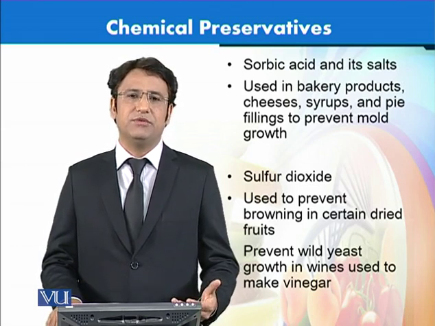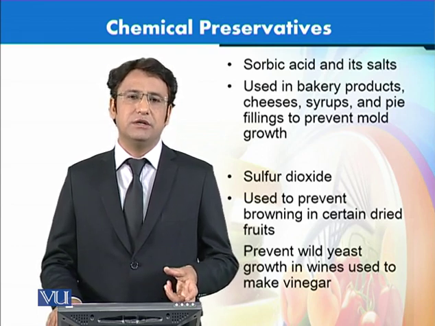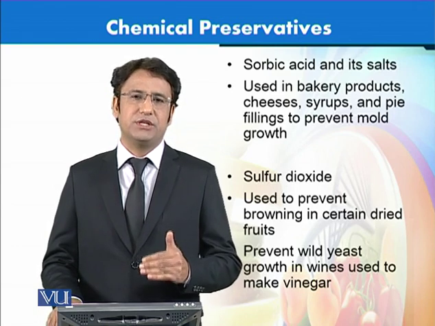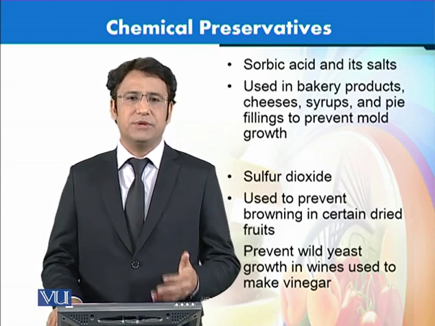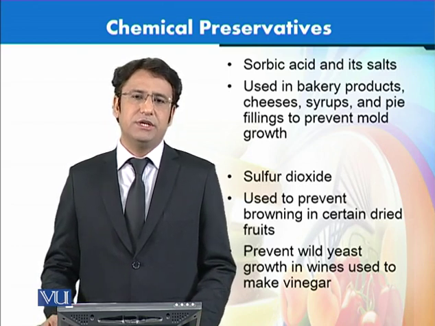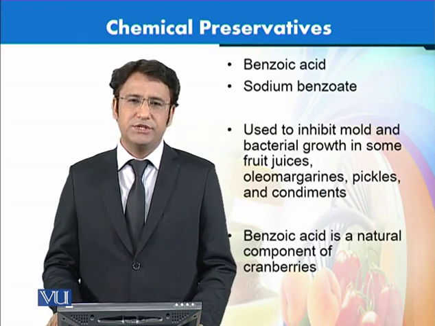So it gives two benefits. It bleaches the color, so you won't have a very dark colored dried fruit, and it suppresses the growth of yeast. If you don't suppress the growth of yeast, they would produce vinegar and other undesirable products in that food.